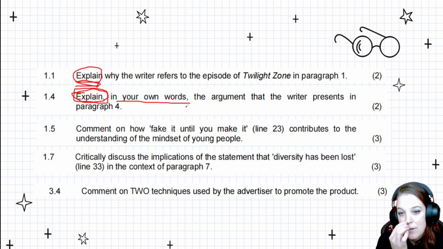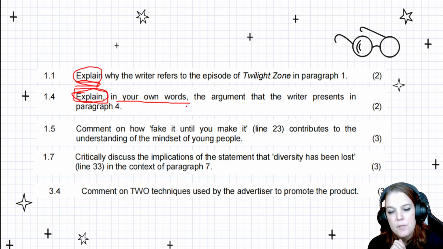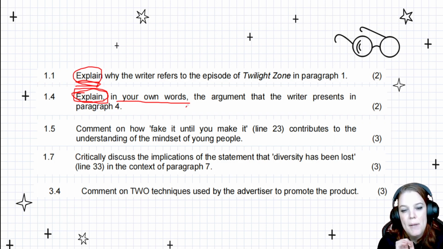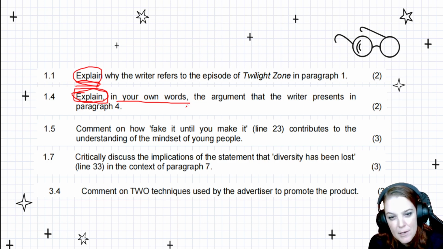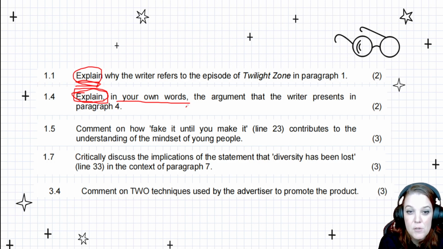So here they definitely want us to not just take things word for word from paragraph 4. We have to change it up and make it into our own words. Don't try change it too much, because the person marking your question paper might be a little bit confused if the argument has completely evolved into something else.